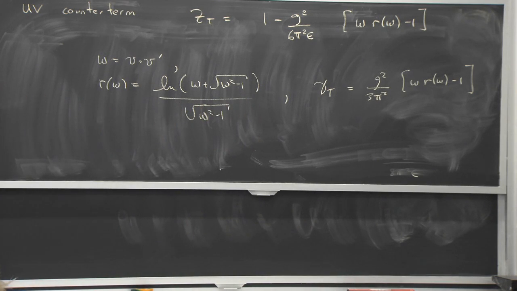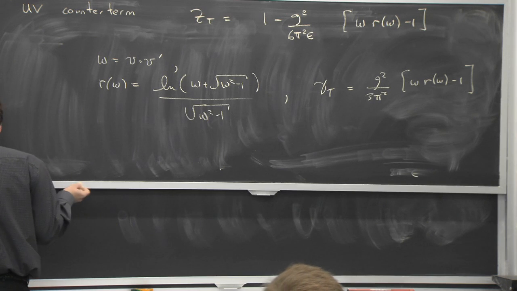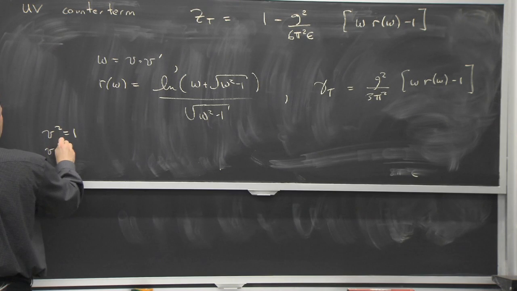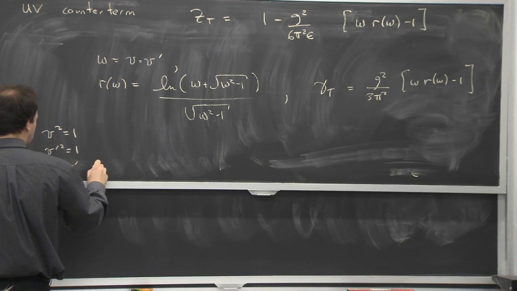The reason that can happen is because v squared is 1, v prime squared is 1, but v dot v prime need not be 1. So v squared was 1, v prime squared was 1, but v dot v prime is not fixed.